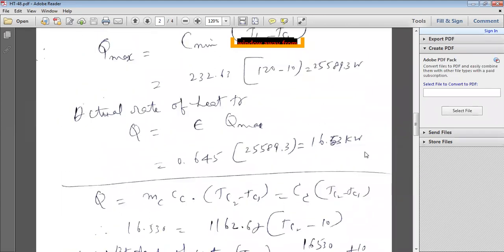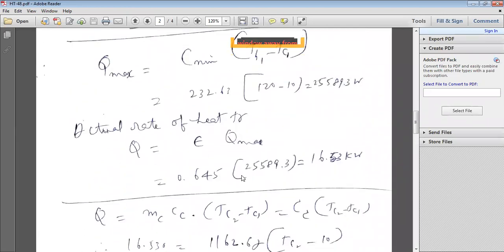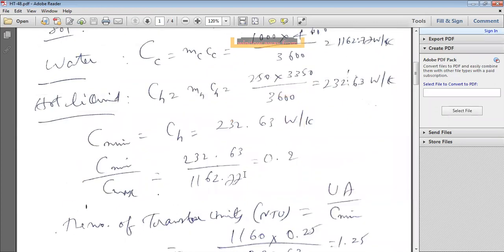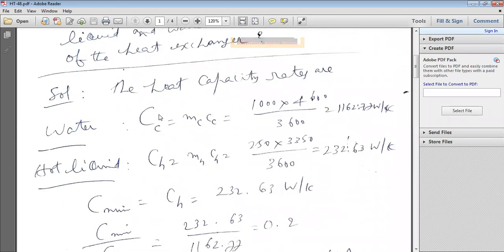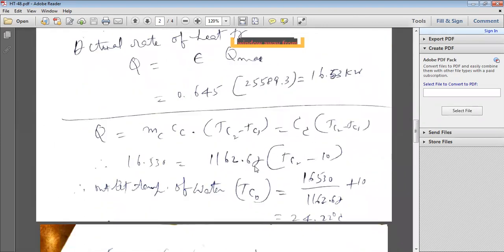The actual heat transfer rate, which you have just calculated, is 16,530 watts. That is equal to capital CC, the heat capacity of the cold fluid, 1162.67, into TC2, the outlet temperature of the cold water to be calculated, minus the inlet temperature of the cold water, given as 10 degrees centigrade.